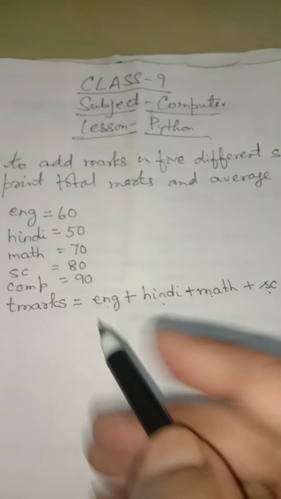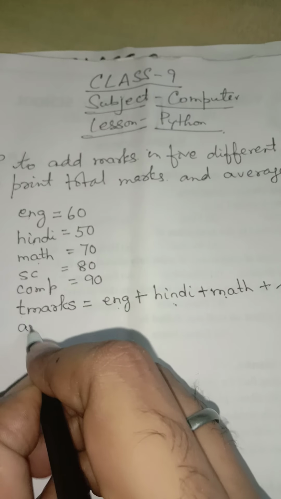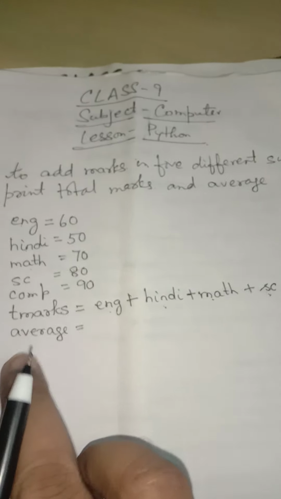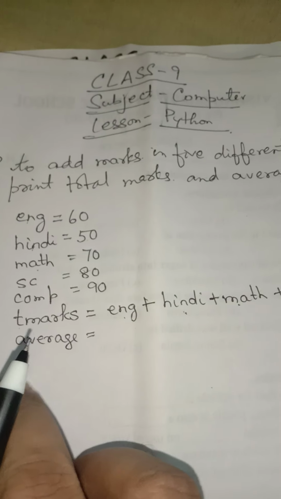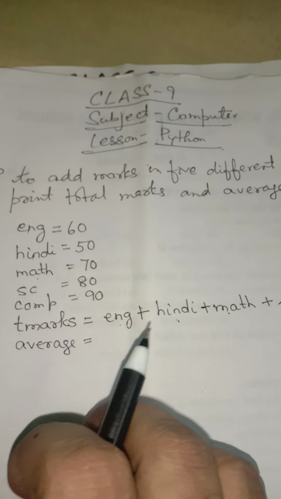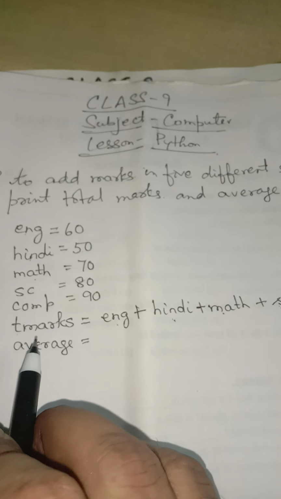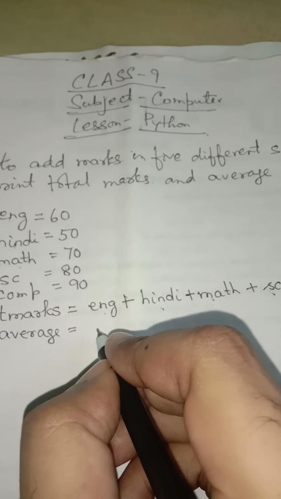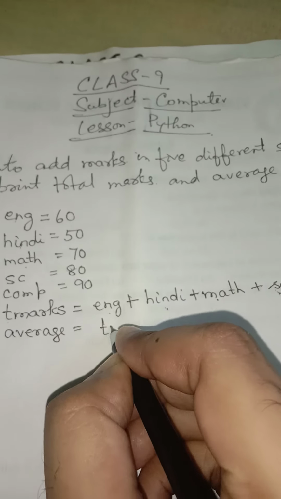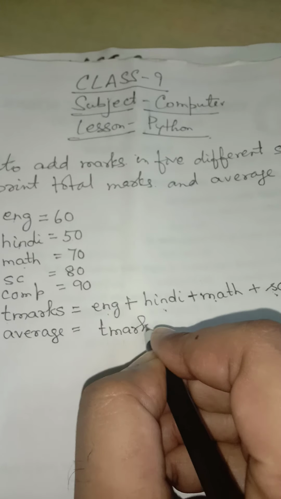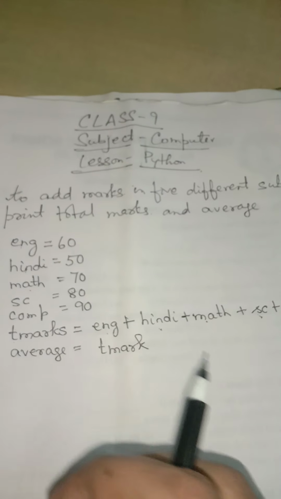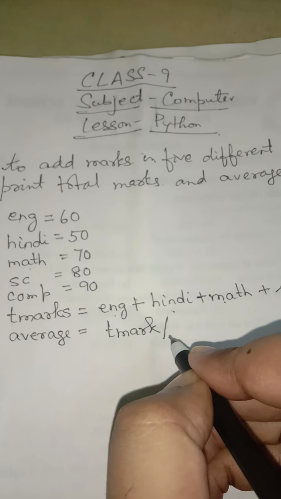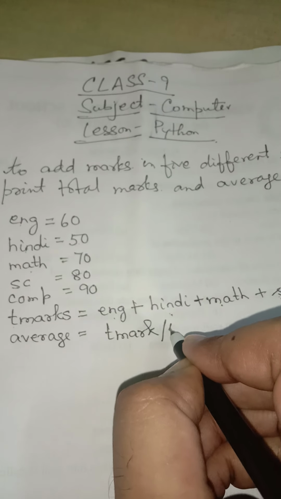Now in order to find the average, I have used another variable, say average. The average is the name of a variable over here, and what will it do? It will find the average. So what is the method to find the average? We will divide the total marks. The total marks is the name of the variable that contains the sum of all the 5 variables, and the total marks will be divided by, this is the sign of division, 5.